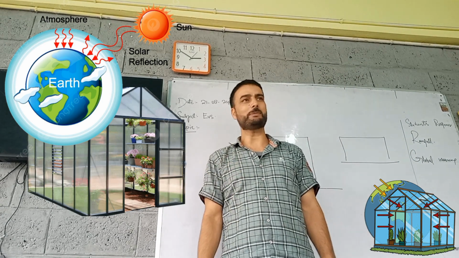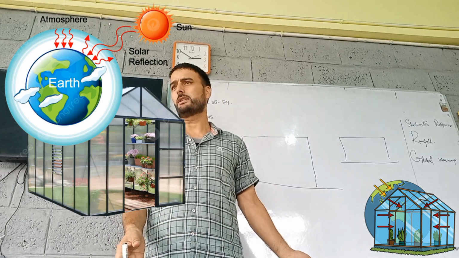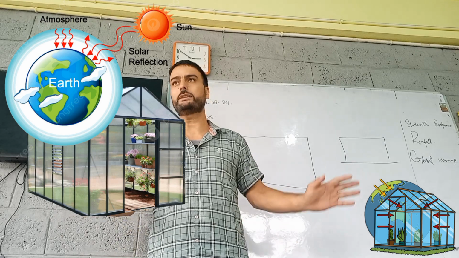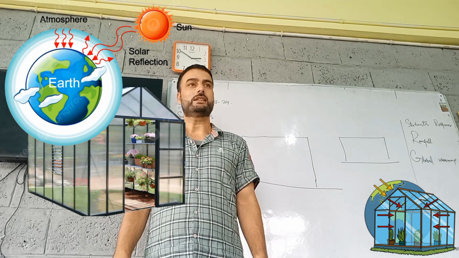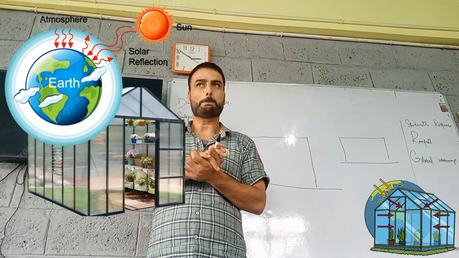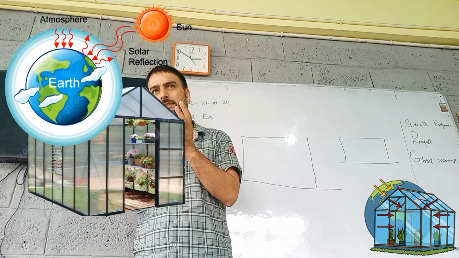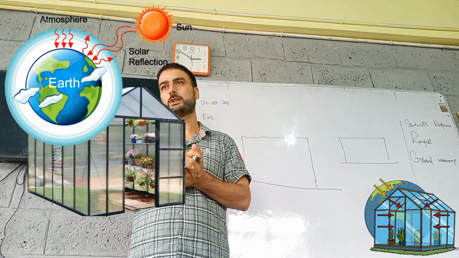You will ask me a question: Sir, why will we use this to grow plants? Plants can grow without a greenhouse also. Am I right? Yes, sir. My dears, the growth of plants depends upon temperature also.